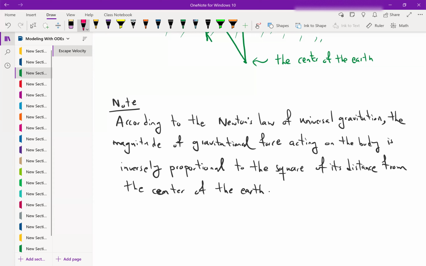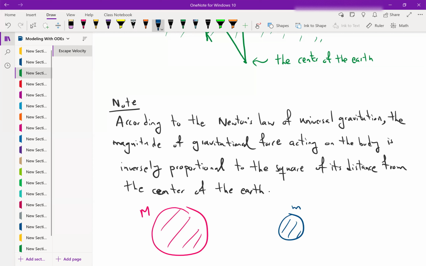Generally, it says that if you have a mass, big M, and another mass, little m, there will be an attractive force. Look at the center of mass here, center of mass there, and connect them with a line. The direction of that force will be along this line. It will be attractive. The mass big M wants to attract the mass little m, and the mass little m wants to attract the mass big M.